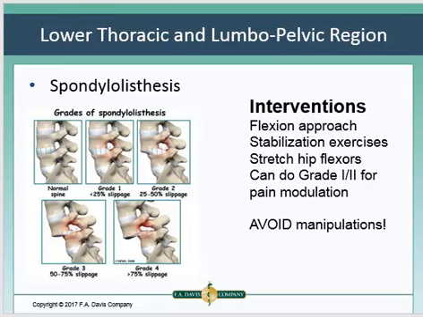You can do grade 1 and 2 mobilizations for pain if the patient can tolerate that. And if so, you would probably push on the vertebrae below to allow movement back into place. But again, any manipulation is contraindicated.